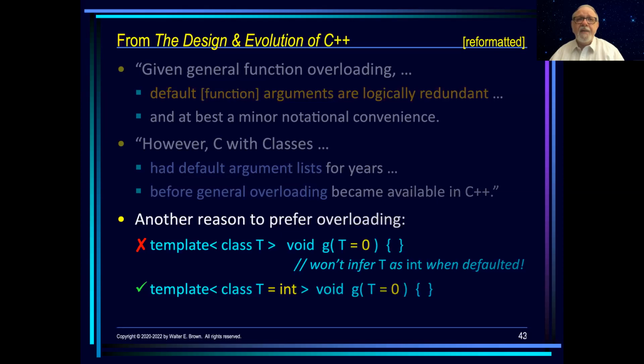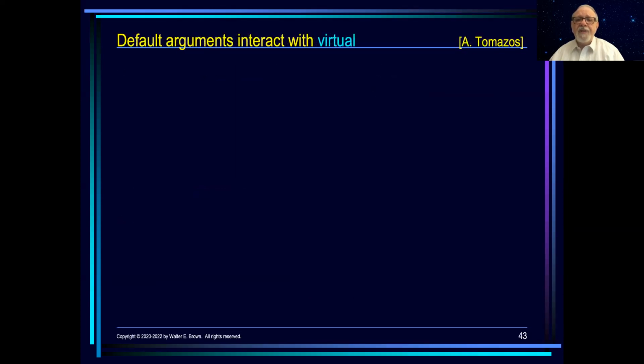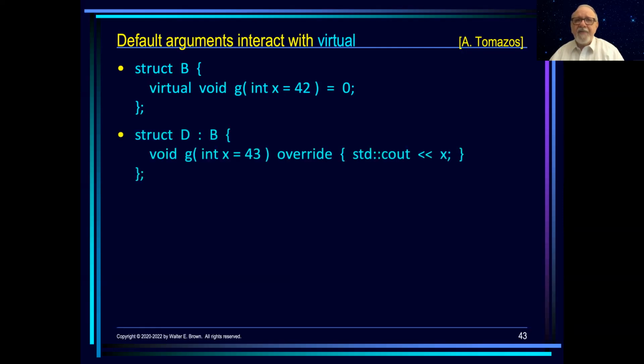And by the way, default arguments interact with virtual functions. Let's start with a base class with a member G, a virtual member G with a default argument. Now let's have a derived class that overrides G and provides a different default.